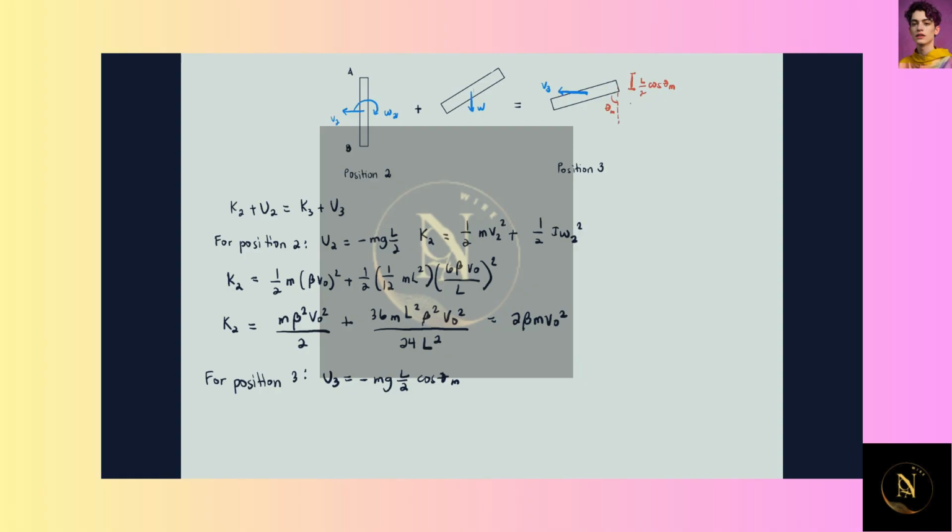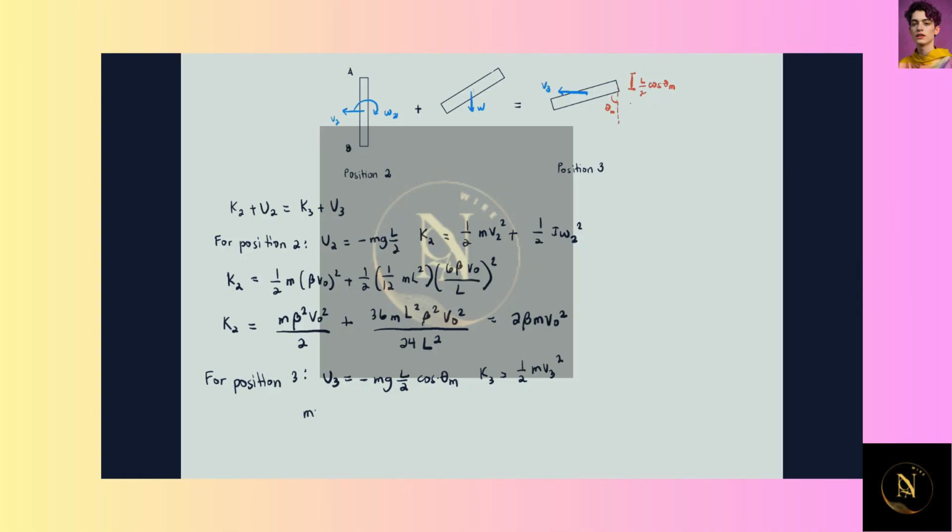And then our kinetic energy here is equal to 1/2 mv3 squared. To solve for v3, we can write an equation for the linear components of the momentum.